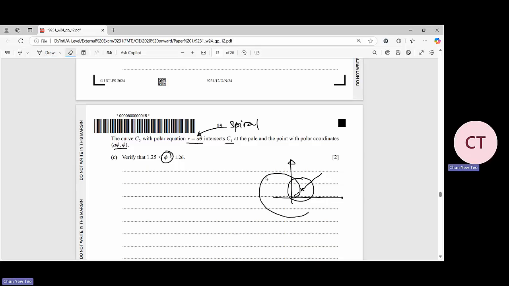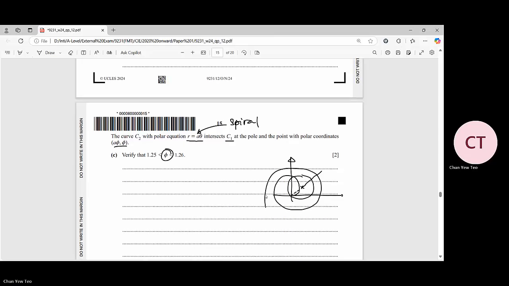We just need to have an idea of how the graph looks. So maybe we can draw it like this. This is the intersection point, this is another intersection point, and this intersection point is (a phi, phi).